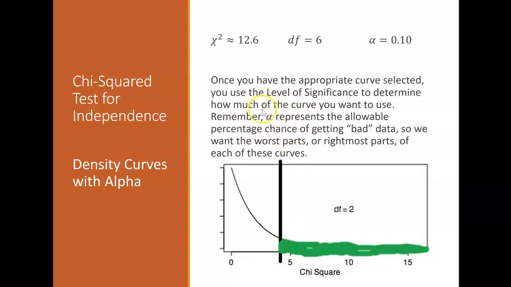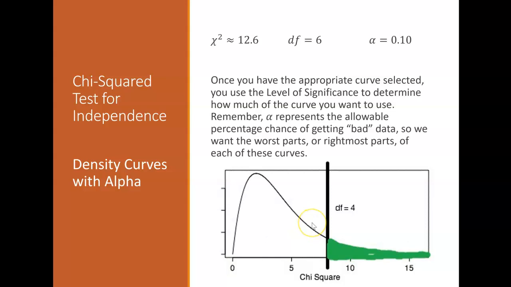Again, that represents the chance of getting unrepresentative or bad data. So that's where the bad data lives, over here. And there's usually low odds of getting that, right? But it's still not 0.